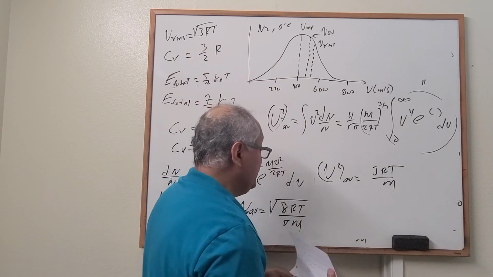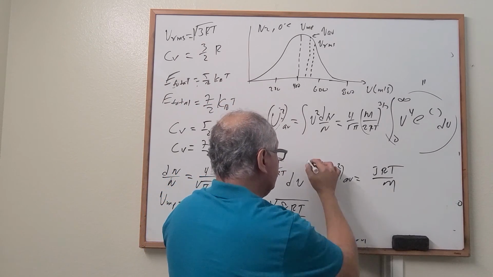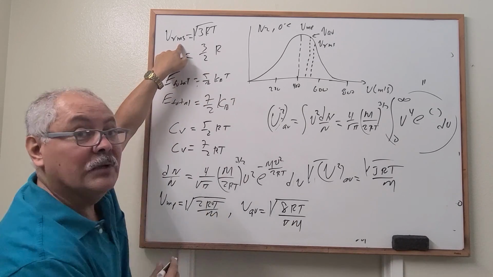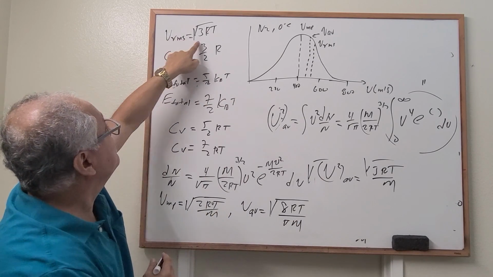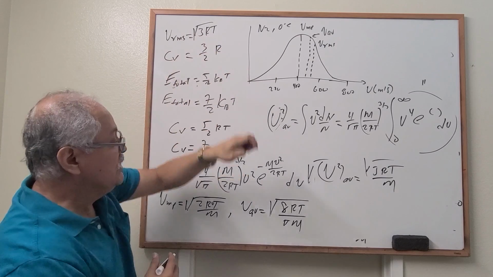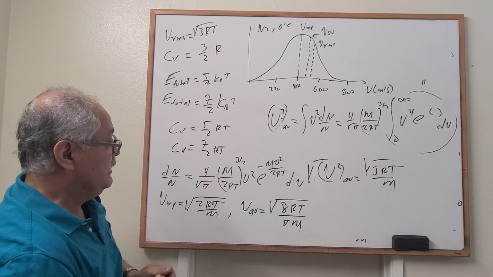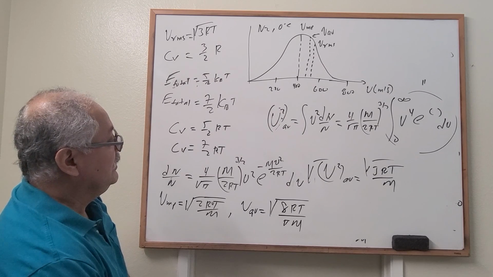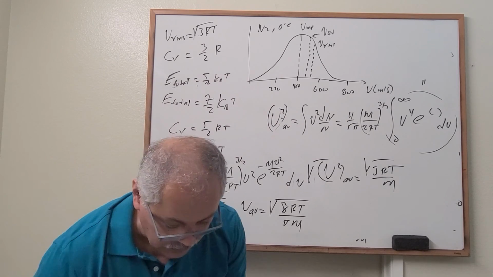So when we take the square root, we create the same equation as this one. The root mean square speed is equal to the square root of 3RT. Is this the same or not?